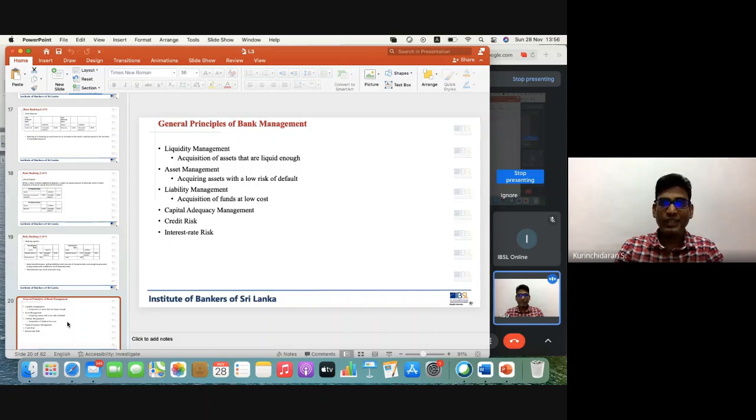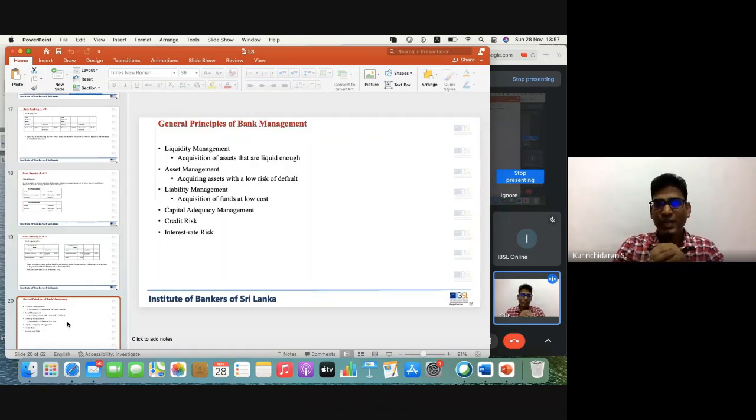The first one is liquidity management, the acquisition of assets that are liquid enough. Second, asset management: you acquire assets with low risk of default. Then liability management, acquisition of funds at low cost. Then capital adequacy management, credit risk, and interest rate risk management. These are the key areas I'm going to touch upon.